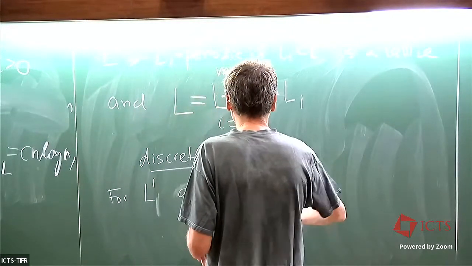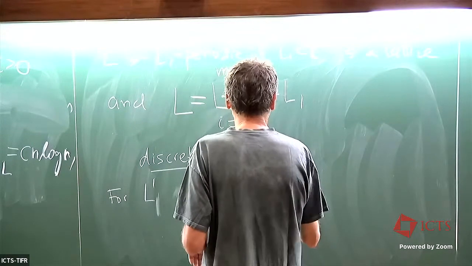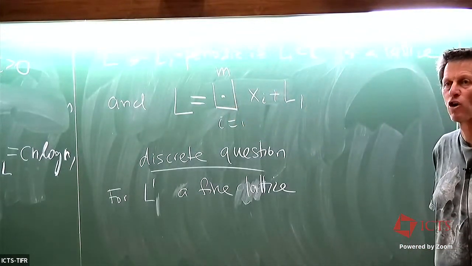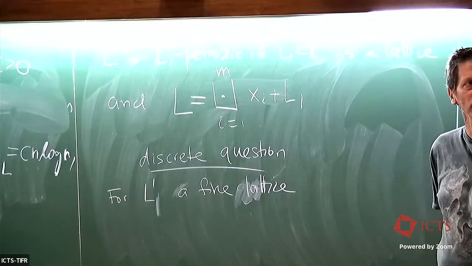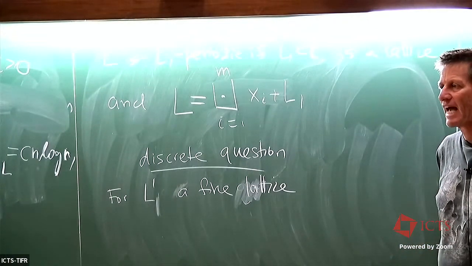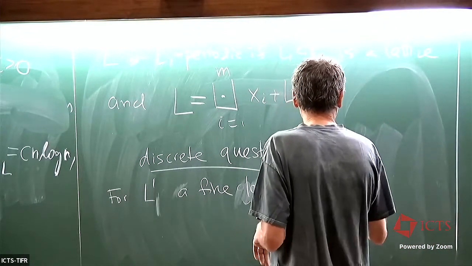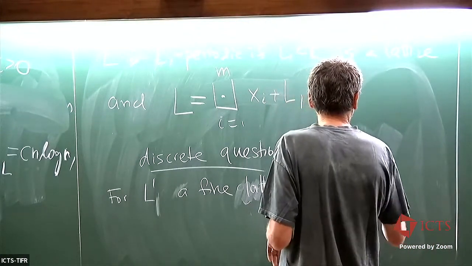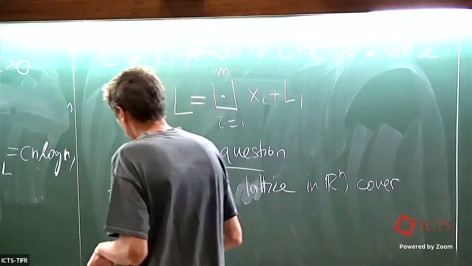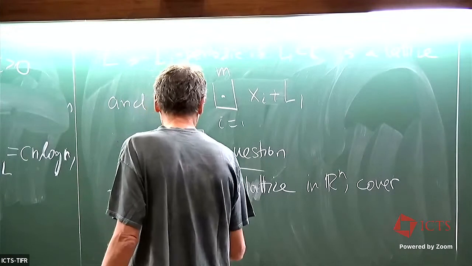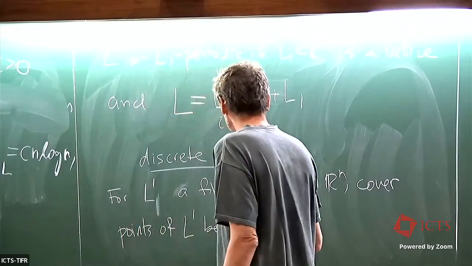A fine lattice, and what I mean by fine is a lattice of very small co-volume. You should think of a very dense lattice in Rn. You try to cover points of L prime by the system.